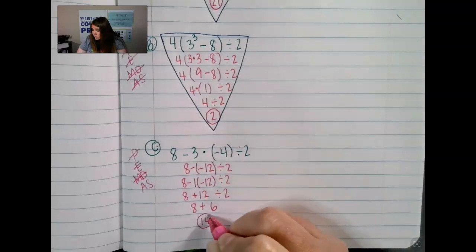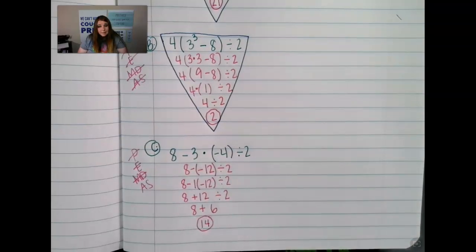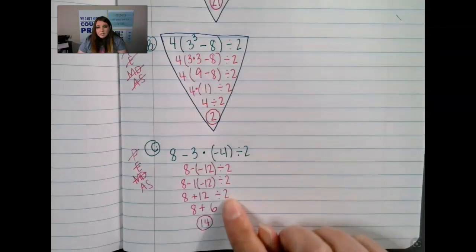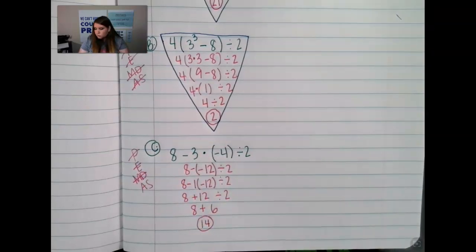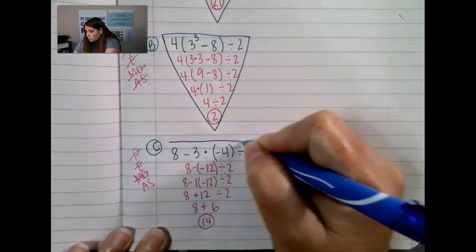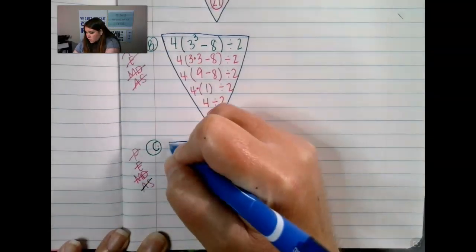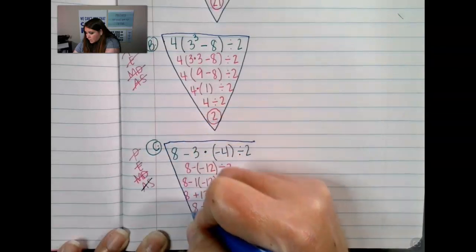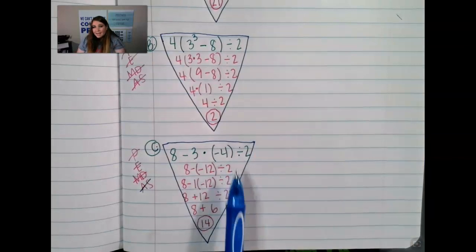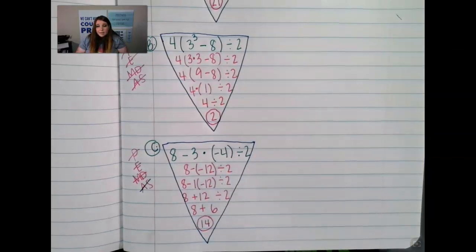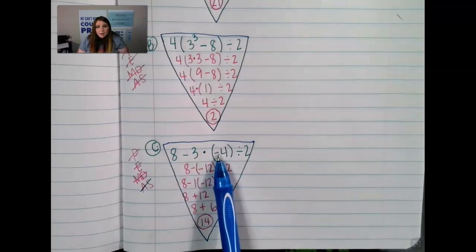So my answer here is 14. I've gone down just like a triangle. Again, big giant Dorito, no addition or subtraction, I'm done with that. Giant slice of pizza. Everything's organized. I didn't forget any numbers. This one, because it had the negative, I had to slow down and I really had to think about it.